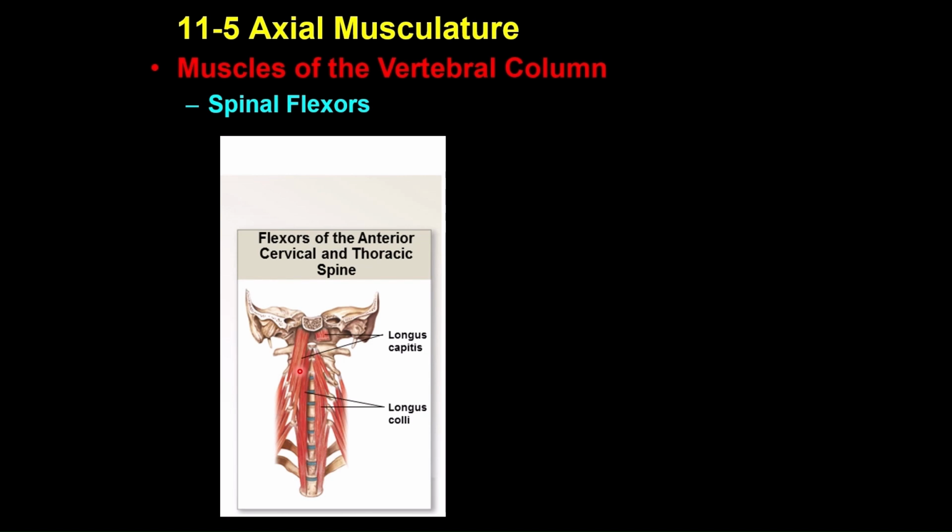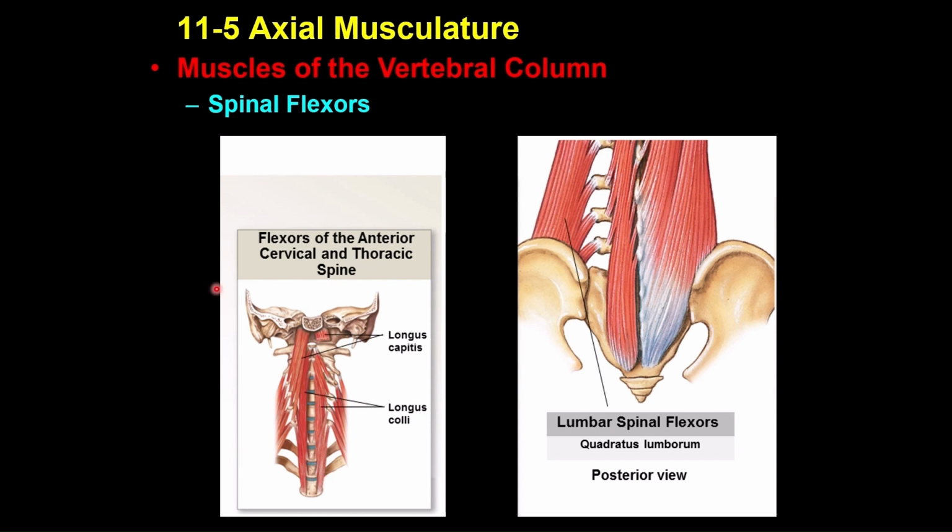If one of them contracts, it will cause flexion to that side. Also you have the longus colli, which can cause flexion of the spine in that area. Another spinal flexor is the quadratus lumborum, which I showed you in the previous image, and again, same idea, causing flexion of the spine.